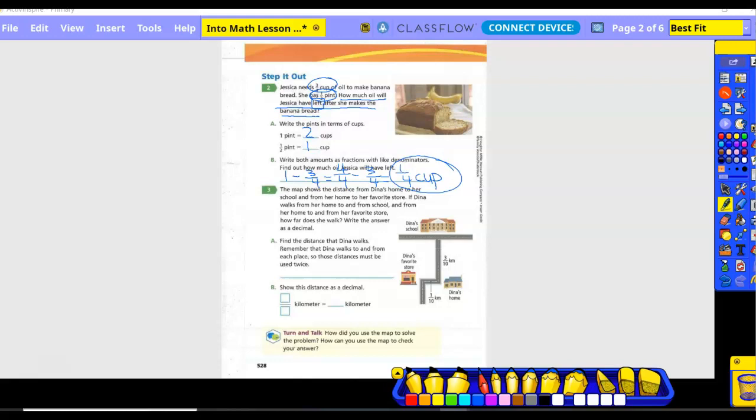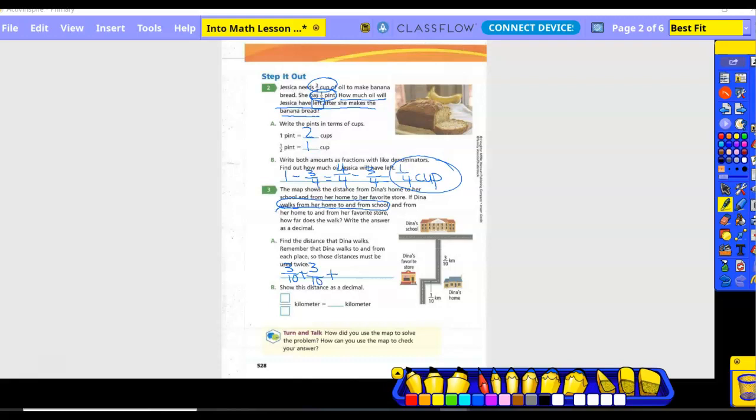Remember that Dinah walks to and from each place, so she goes there and comes back, right? She walks from her home to and from school. Where's her home? Here. Here's the school. How much is that? 3/10, right? So do I just write it once or twice? Twice.